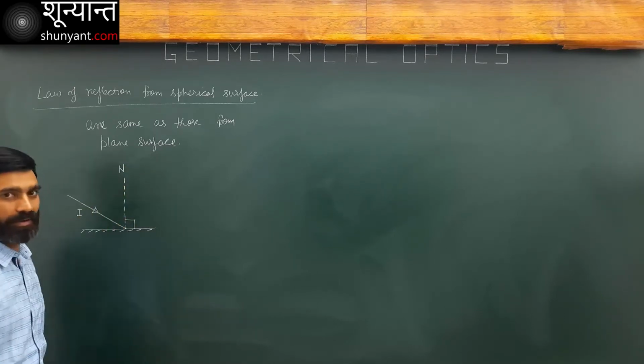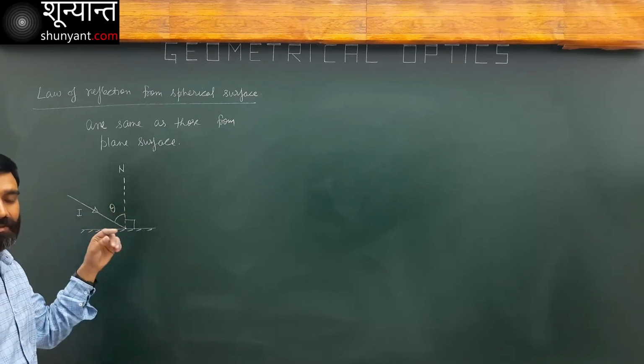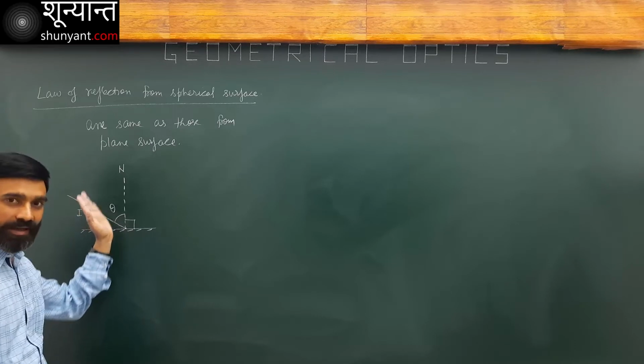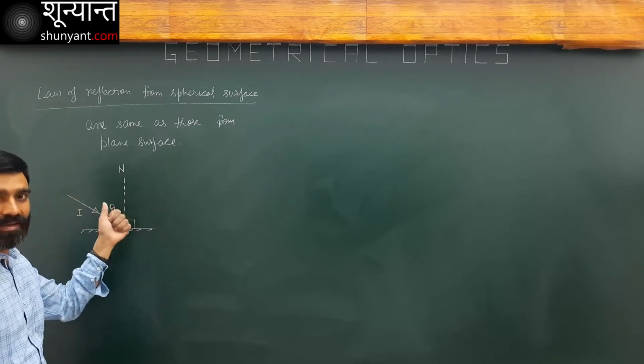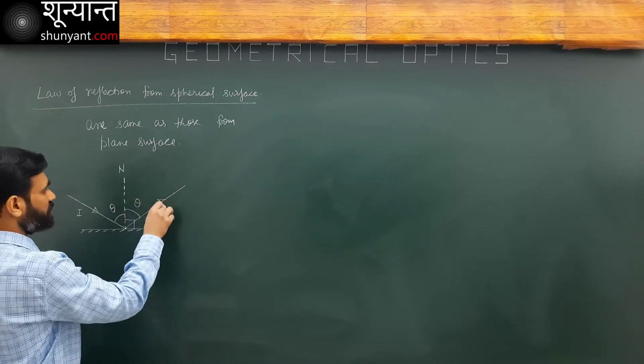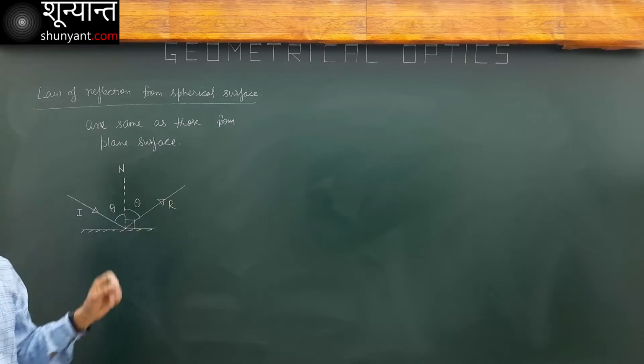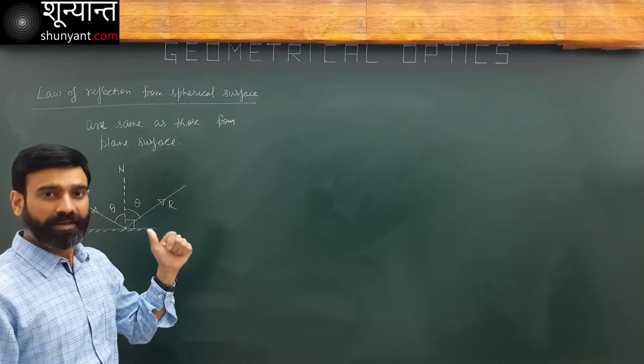Perpendicular. Then I measure this angle. This is known as angle of incidence. Light will be reflected on the other side of normal, making same angle. This becomes my reflected light. All three will be in the same plane. Same thing goes for any surface.